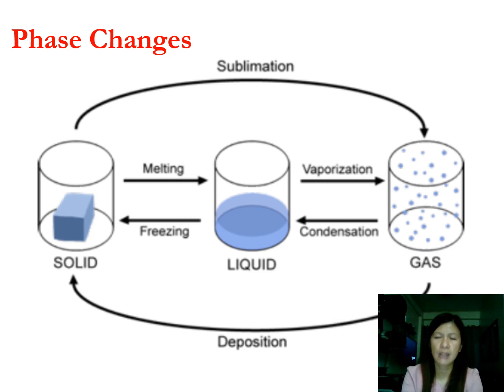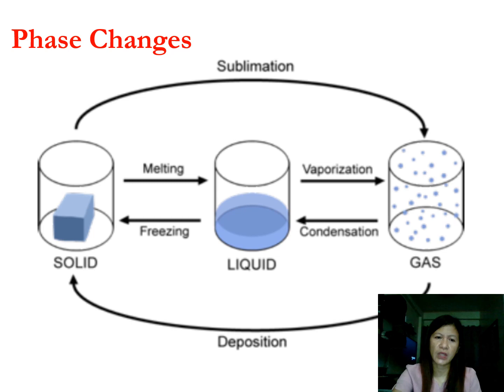You will see in this diagram the summary of the different transformations in matter. So again, we have three states of matter. Generally, we have solid, liquid, and gas. We have a total of 6 phase changes. Kumbaga, paras-paras sila. We have 2 reverse processes, another 2 reverse processes, and another 2 reverse processes.